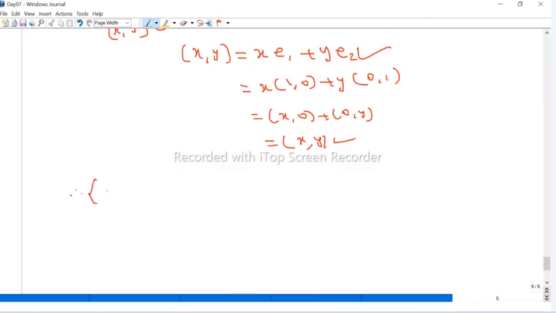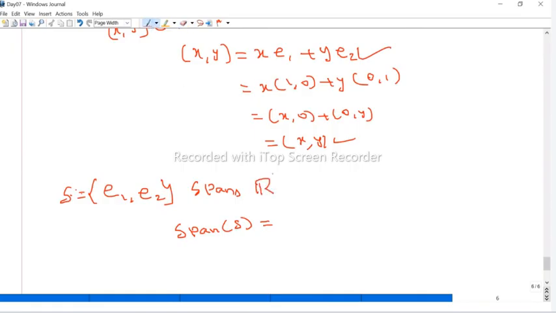Therefore the set e1, e2 spans V. Suppose we call the set S, then span of S equals V. Here V is nothing but R2.